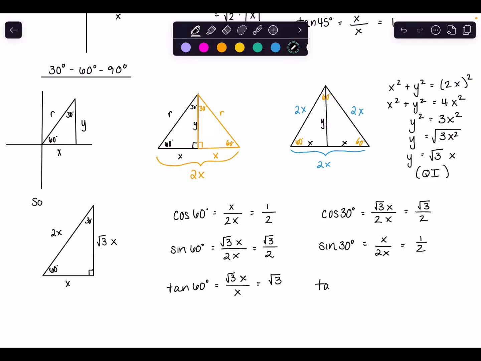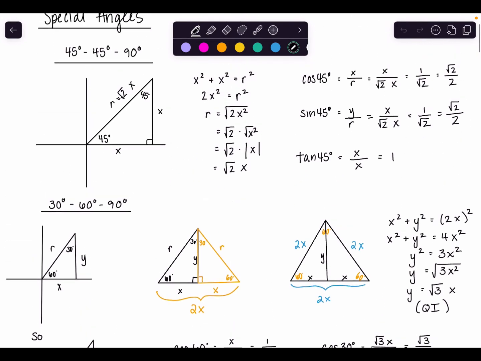And then looking at tangent of 30 degrees, opposite over adjacent gives us just a flip of this. So you end up with 1 over root 3, okay? Which is exactly the same when you rationalize, as you got to times it by root 3 over 3. So this gives us root 3 over 3.